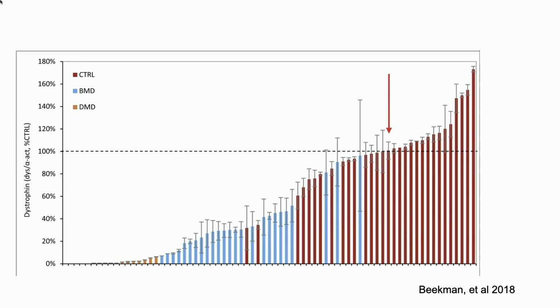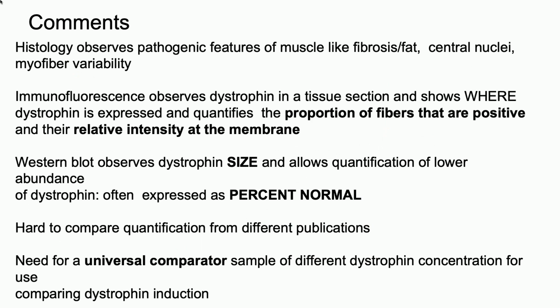Blue are individuals who are clinically diagnosed as Becker muscular dystrophy, and down here in orange are very low levels of dystrophin detected through this method in those individuals diagnosed with Duchenne muscular dystrophy. Showing a very big difference. No question this is the cause of the disease, no question no dystrophin is the issue, but also highlighting that there can be substantial variation even in healthy individuals.